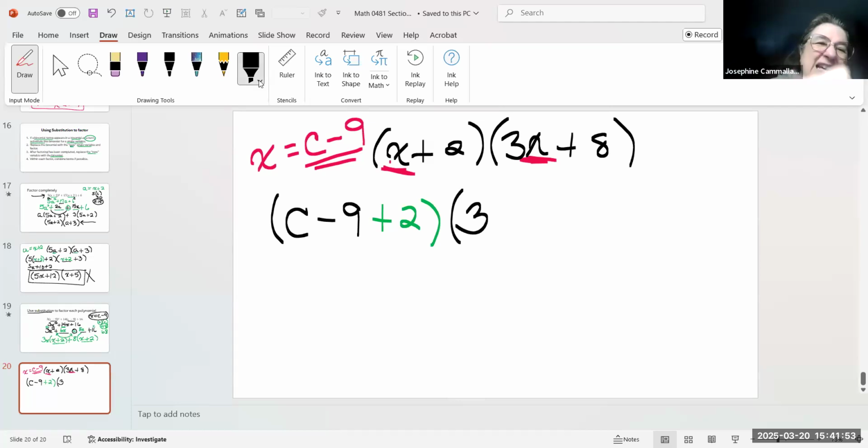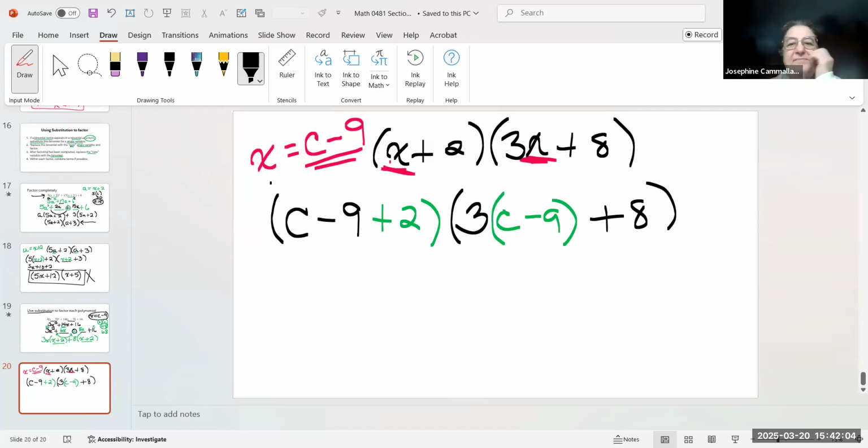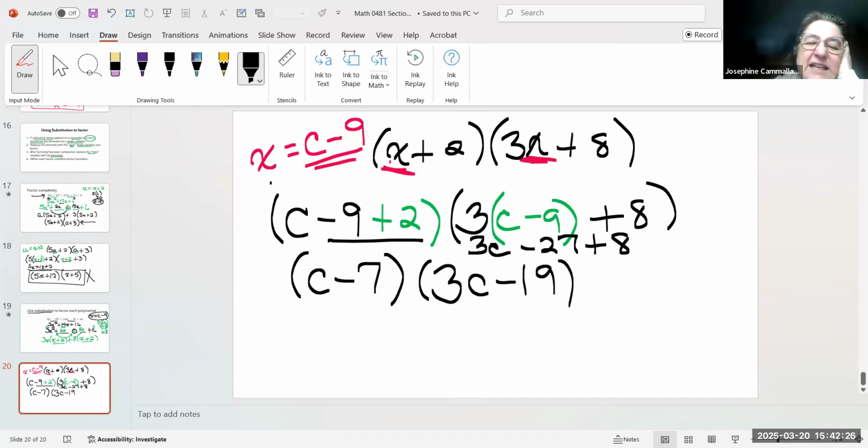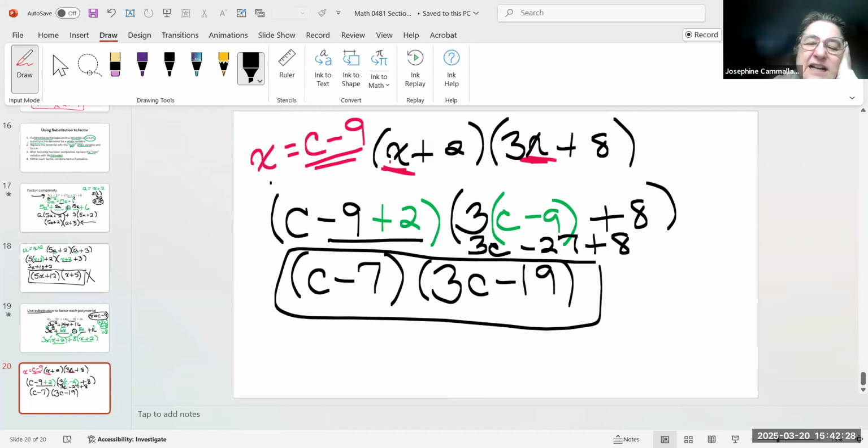This is 3 times c minus 9 plus 8. Well, these 2 are going to give me c minus 7. Well, this gives me 3c minus 27 plus 8, or 3c minus 19. This is my answer with substitution.